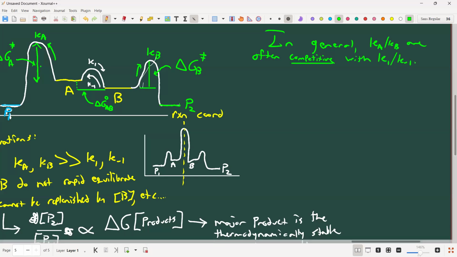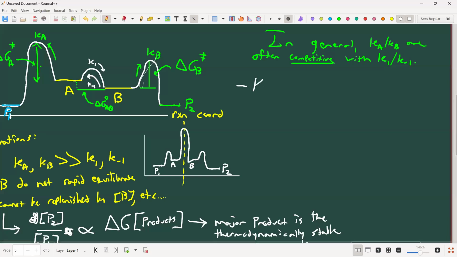One might not be 10 times the size of the other one. In fact, in the example that I give you in the problem set, the ratio is 4 to 1. They're only 4 times different from each other. So the barriers are fairly similar in these situations.